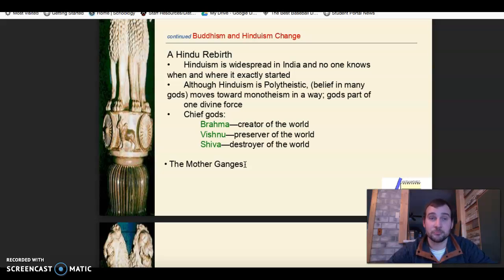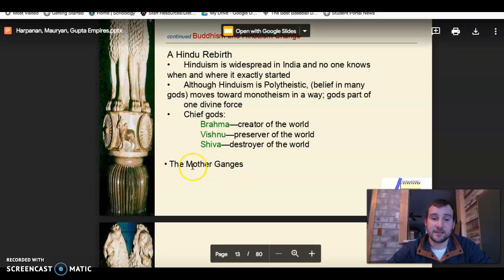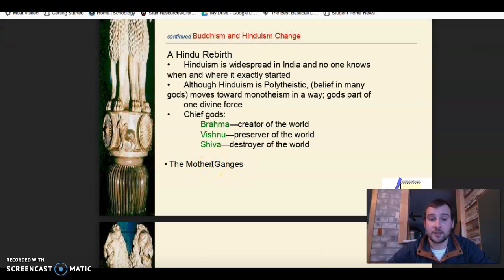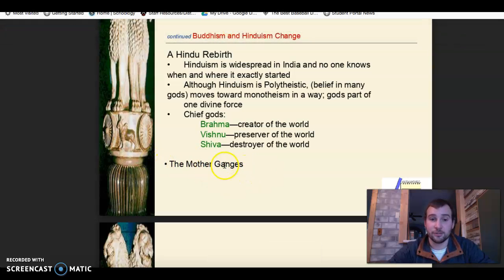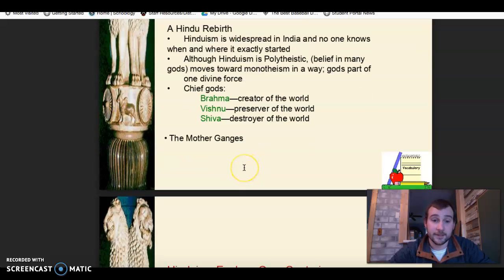So you have people going there praying in front of the Ganges, bathing in the Ganges, going to the bathroom in the Ganges, and because it's so popular, even nowadays, it is unbelievably polluted. It's just nasty nowadays. But you just want to know, the Ganges River plays an incredible spiritual role inside Hinduism.